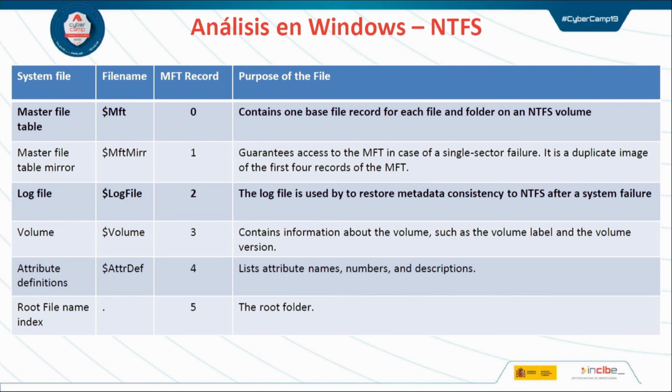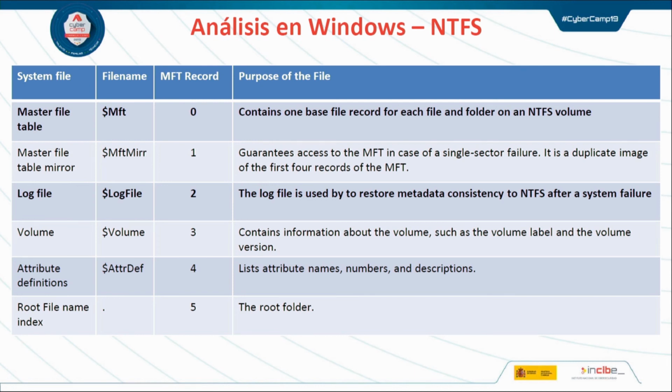MFT is the master file table in Windows, so everything that is on the drive is in the MFT. There has to be an entry in the MFT for each file that is on the drive. So if we're looking for a file on the drive, it has to be in there, in the MFT.